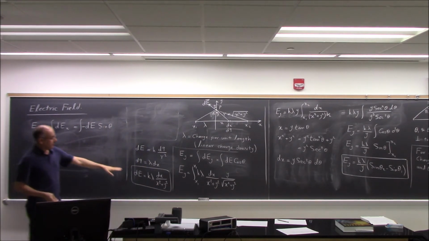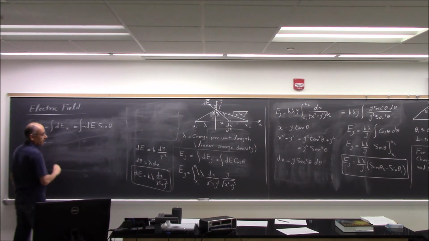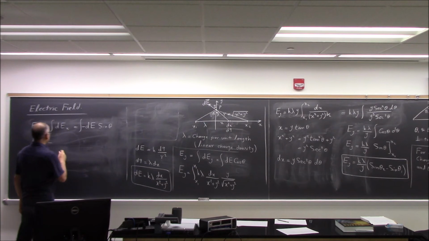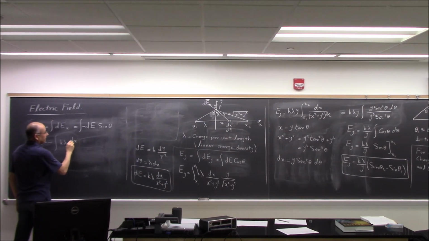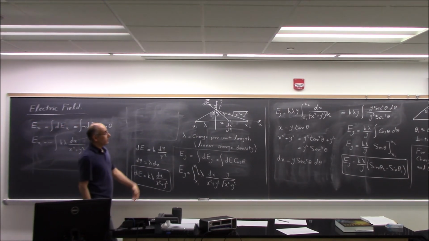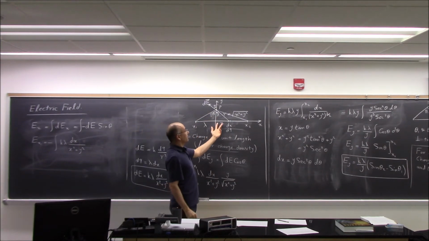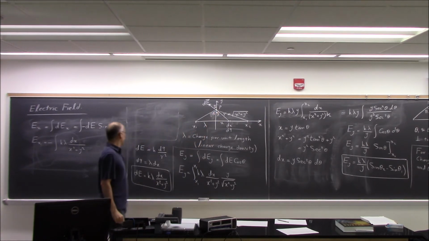And then dE is again this, negative integral k lambda dx over x squared plus y squared. But what is sine theta in this case? Sine theta will be opposite over hypotenuse, right?